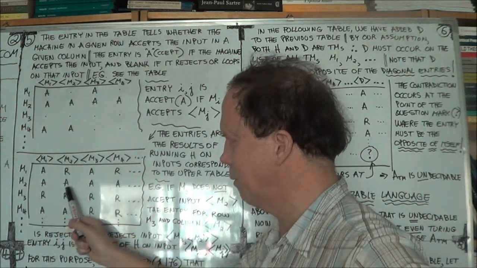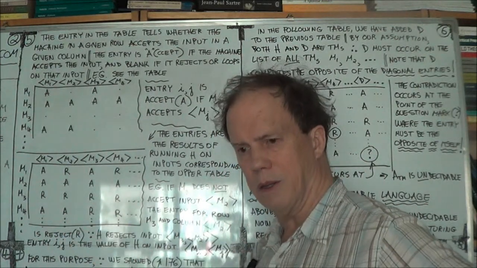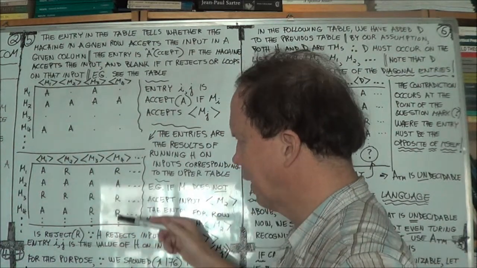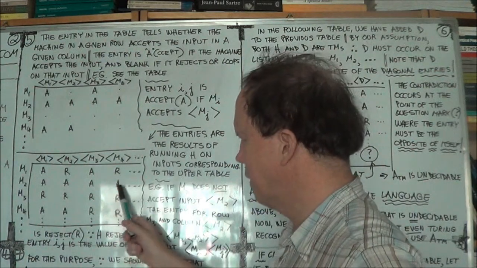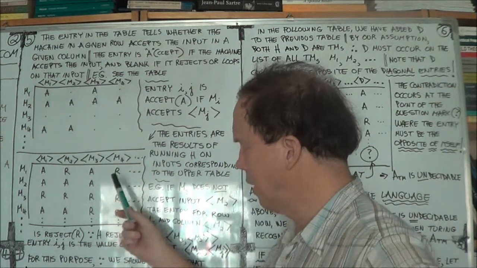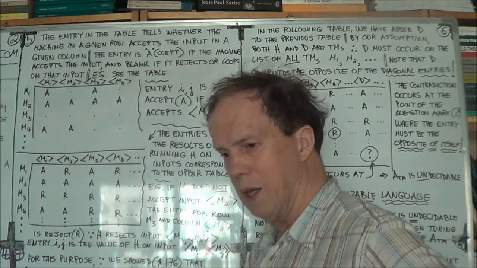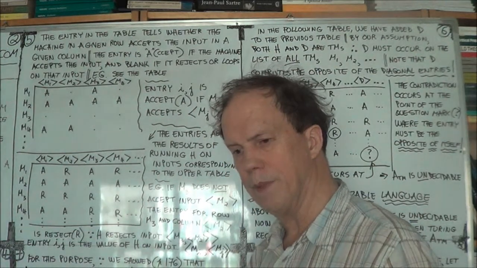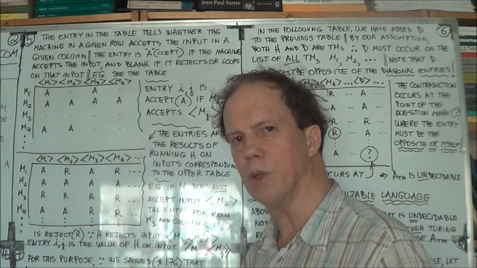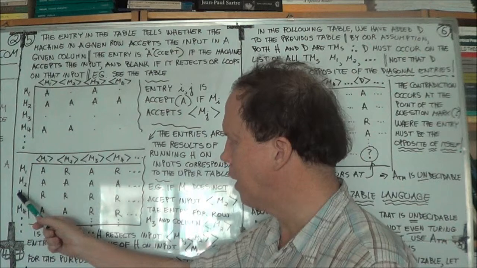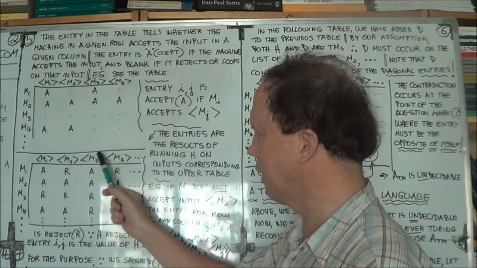These entries, the elements in the matrix, are interpreted differently from the case here. Here, in the second case, these entries are the accept or reject, A for accept, R for reject, for how the machine H would react given the ordered pair Mi, angular bracket Mj.